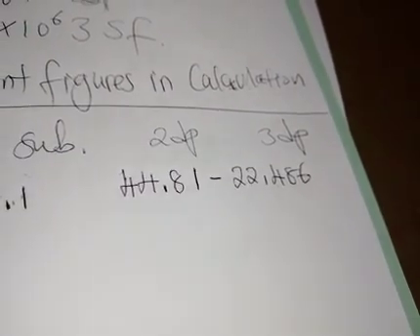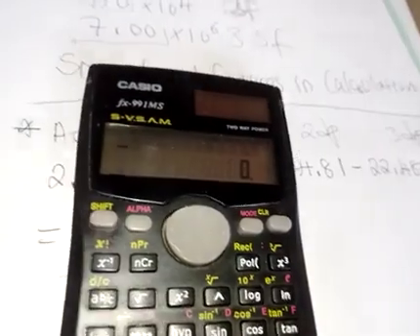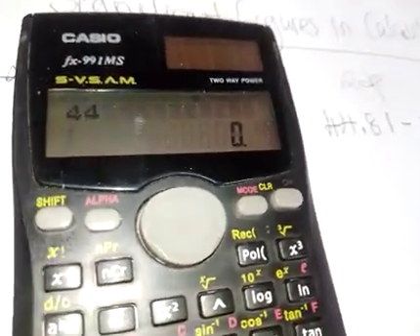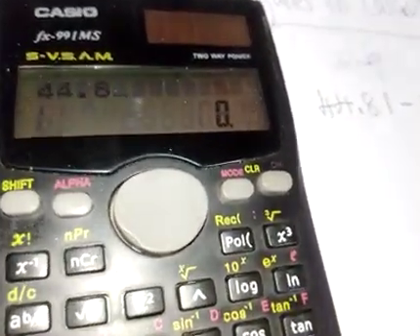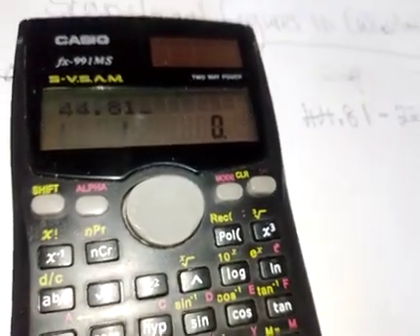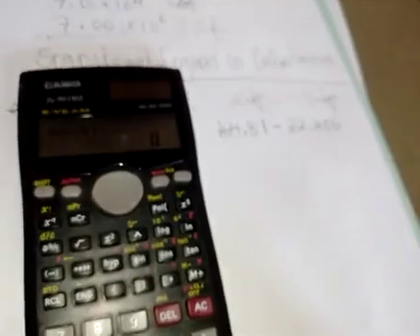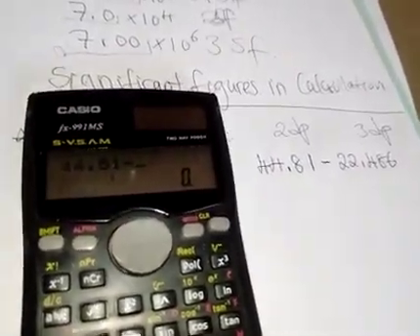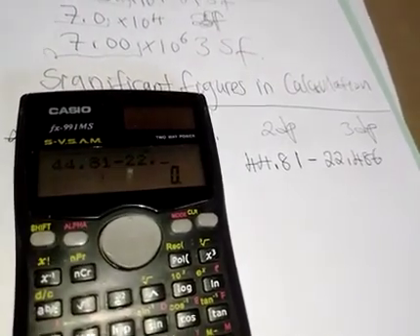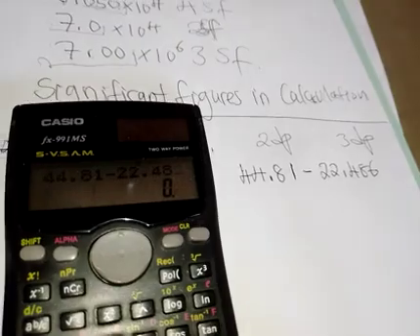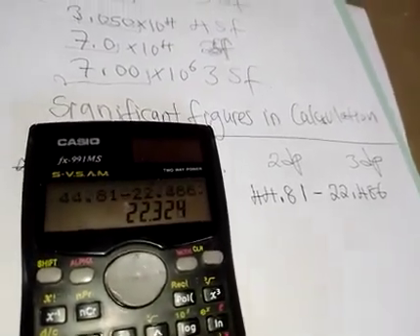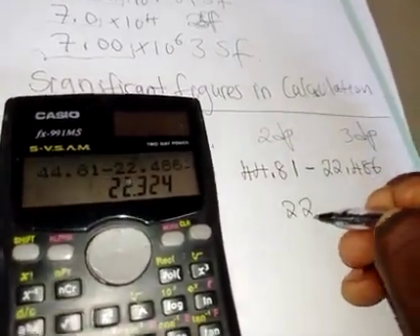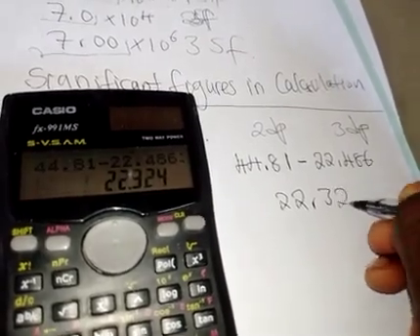Okay, so let's subtract. We have 44.81 minus 22.486. What are we getting? We're getting 22.324.